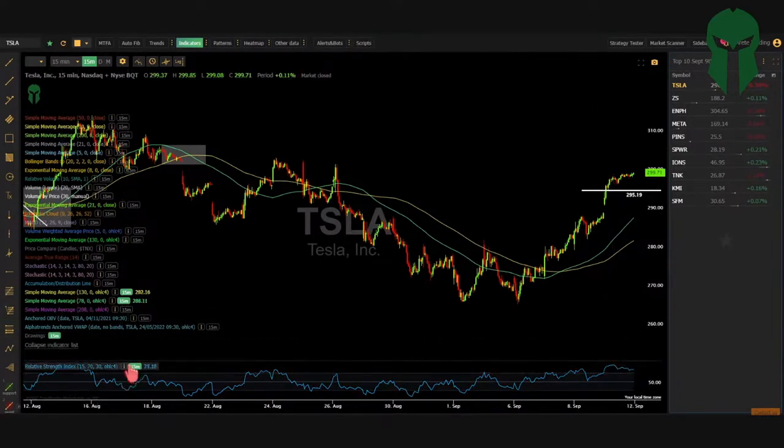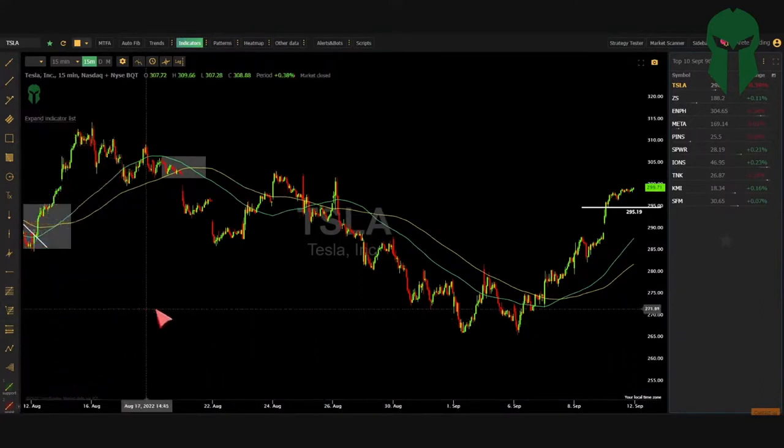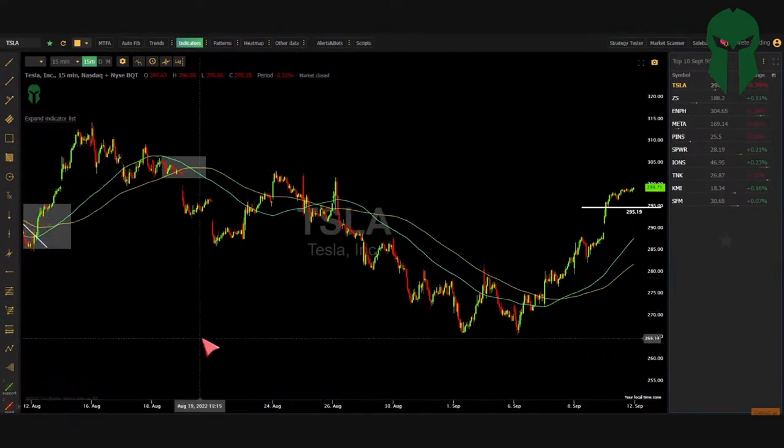There are things we can discuss at later dates, but what I'm trying to focus on here is: should you stay in a trade? Should you not stay in a trade? What does the trade look like? How can you determine whether or not you should execute that trade? How can you figure out whether you should hold that trade overnight?